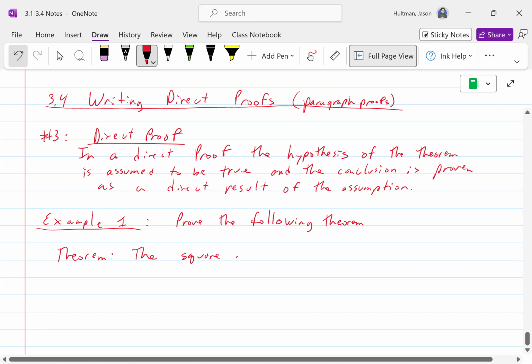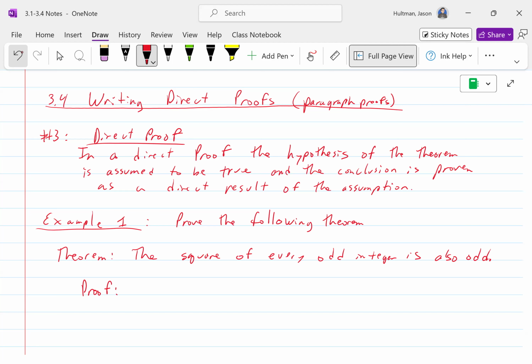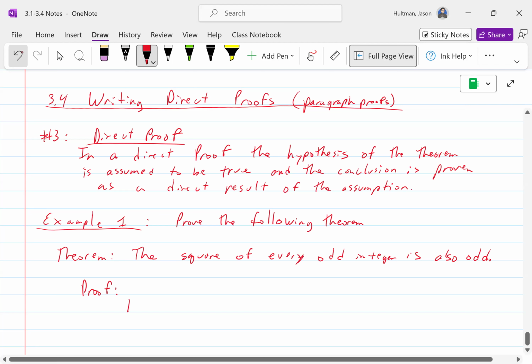Proof. Well, we've got to introduce an odd integer. So let n be an odd integer.